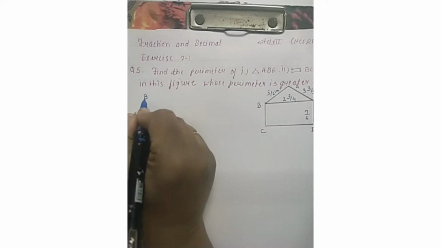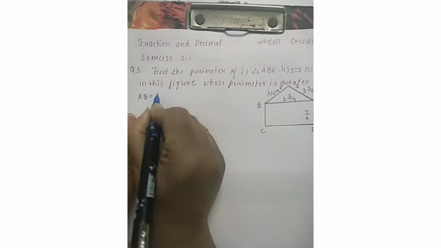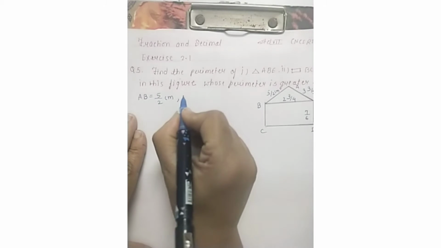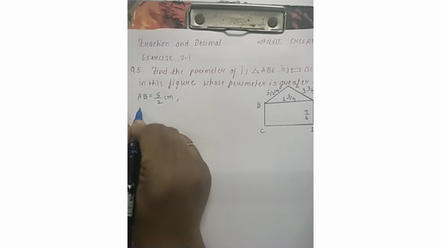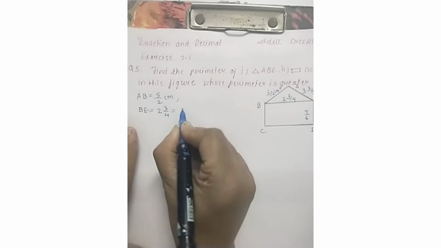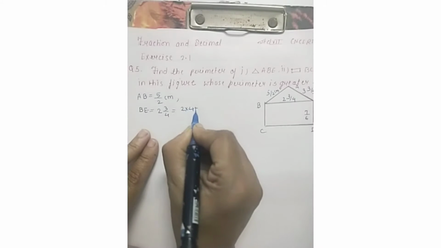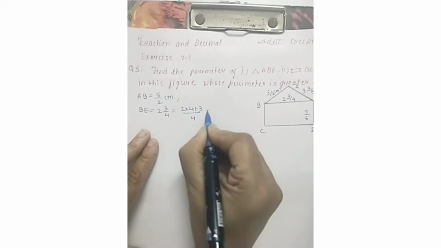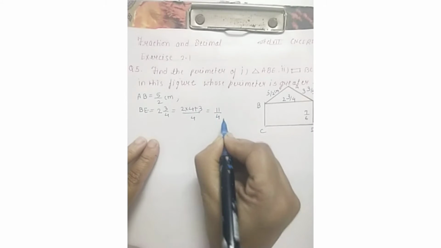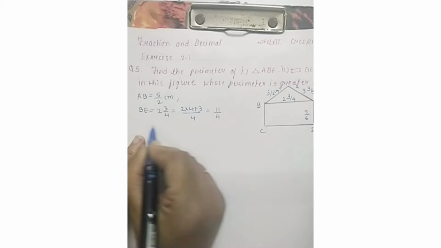We know that AB is 5 by 2 centimeter. This is given. BE is 2 3 by 4. So 2 3 by 4 means 2 into 4 plus 3 upon 4, that is 11 upon 4. 2 4s are 8, 8 plus 3 is 11.